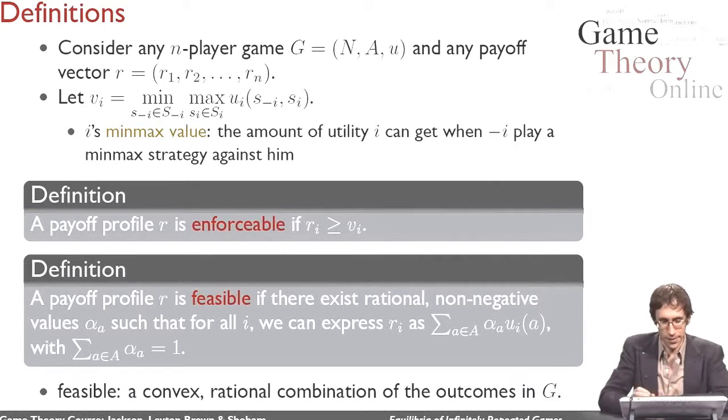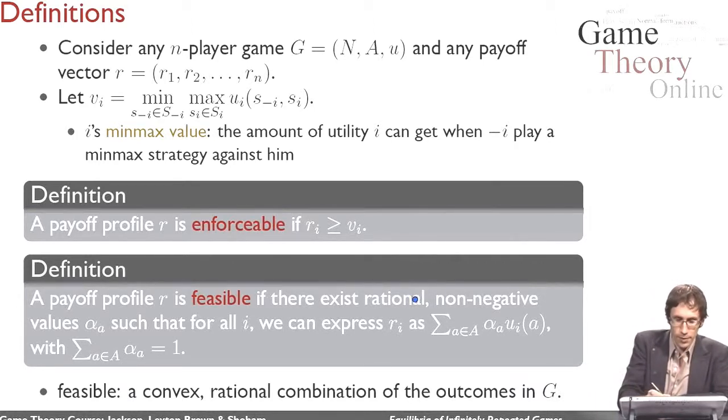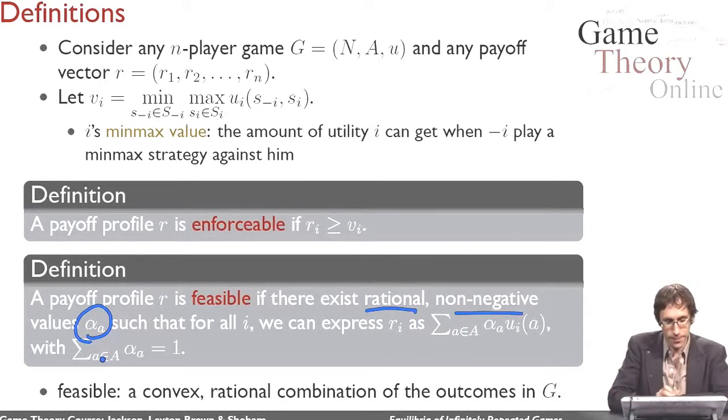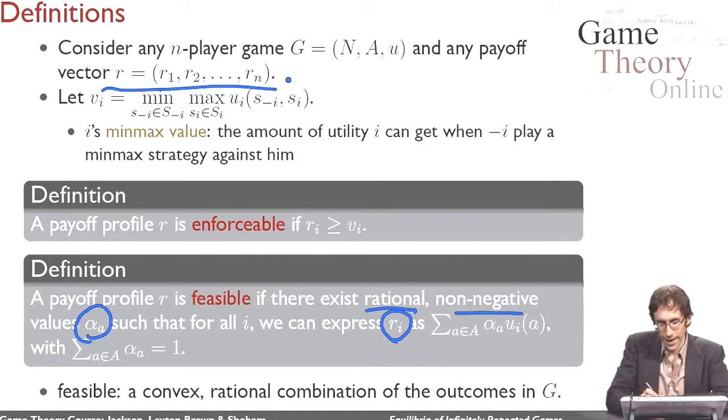And the way we're going to say this is I'm going to restrict myself to rational numbers. I'm going to say if there exist rational and non-negative values α_a, such that for all players i, I could express player i's element from this payoff vector as a sum over all of the action profiles in the normal form game of α_a times i's utility for that a.